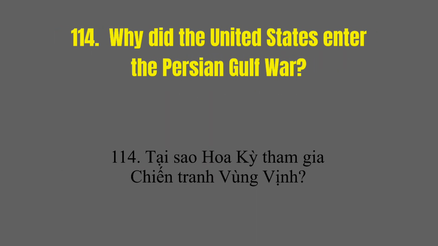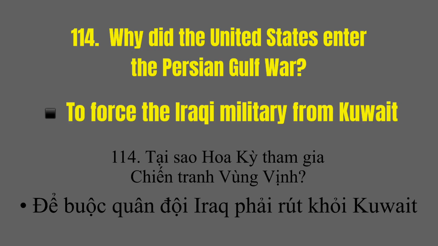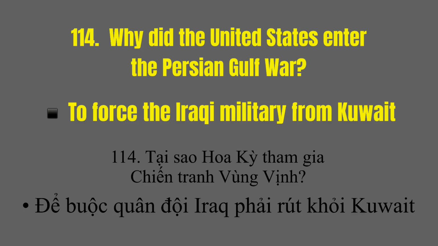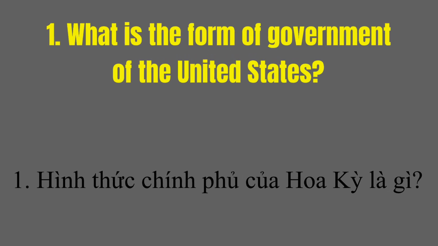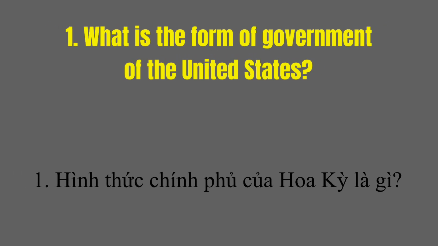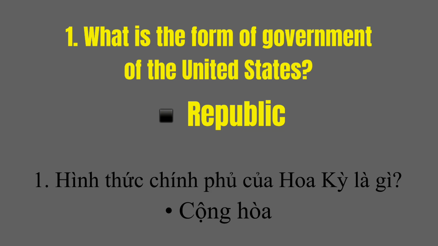Why did the United States enter the Persian Gulf War? To force the Iraqi military from Kuwait. What is the form of government of the United States? Republic.